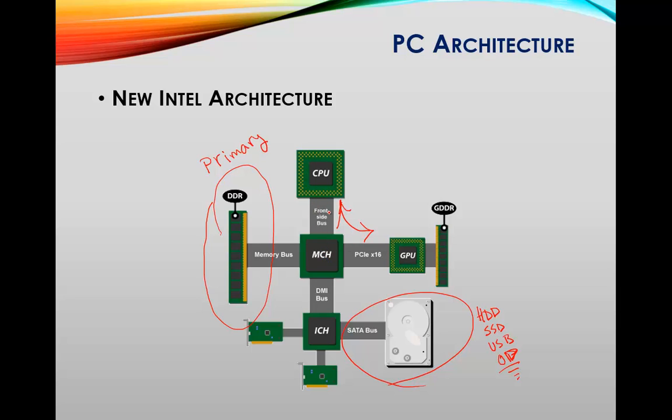One of the things to notice is that the primary communication bus that connects your CPU with the rest of the world is through your front side bus system. That is the primary highway connecting your processing units.